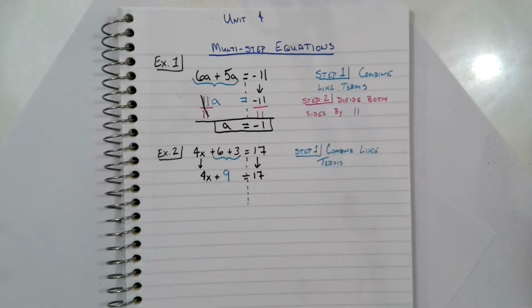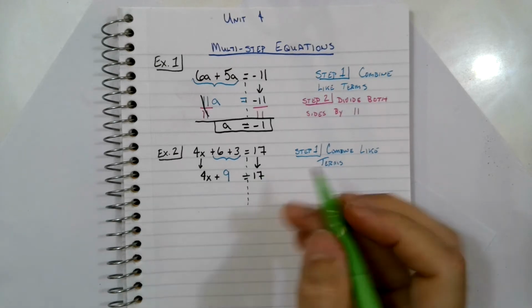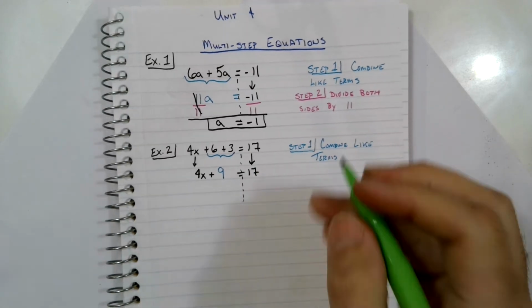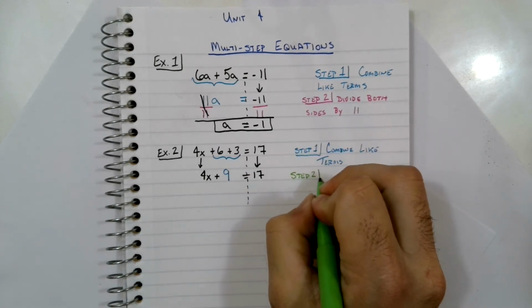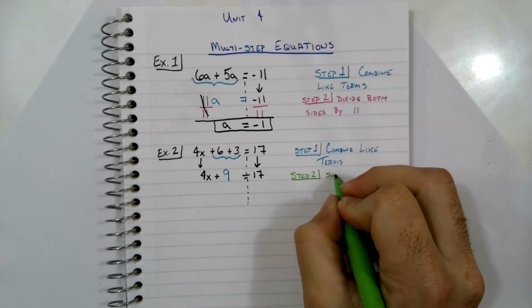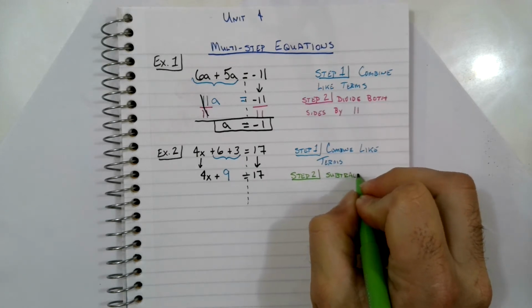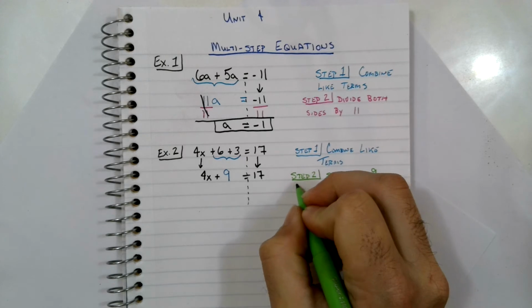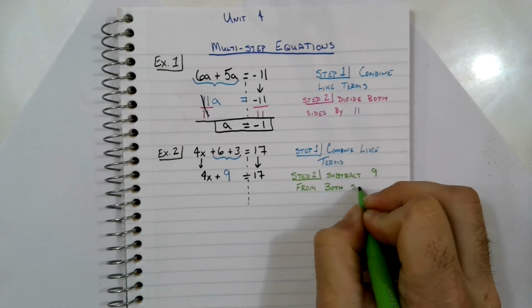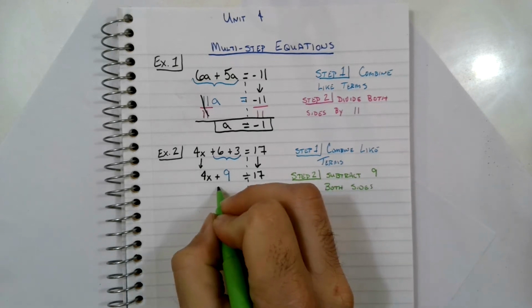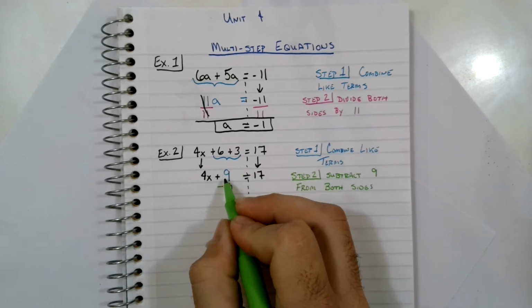Now, what type of equation do we have? Monday we talked about one-step and two-step equations. So what I have now is a two-step equation. With two-step equations, we have to get rid of our addition and subtraction first. So step 2, I'm going to subtract 9 from both sides, because that's the opposite of addition.